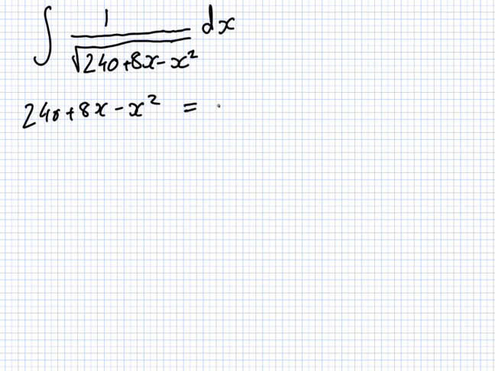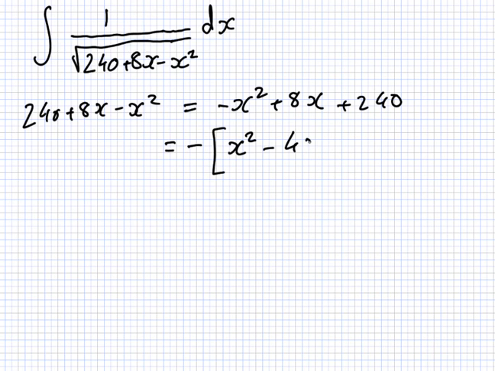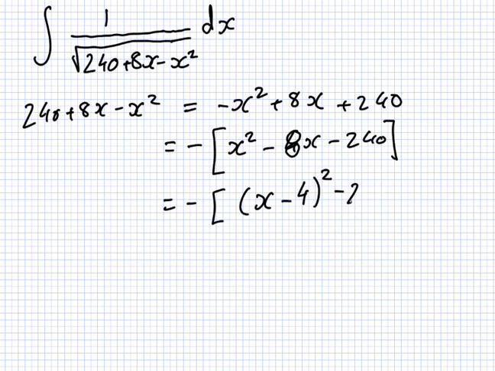That's the same as minus x squared plus 8x plus 240, which is the same as minus x squared minus 8x minus 240, which is the same as minus x minus 4 squared, and then we have to do a minus 16, isn't it?